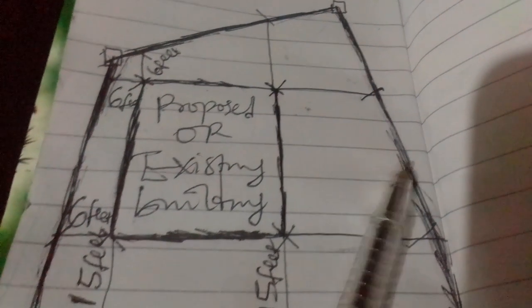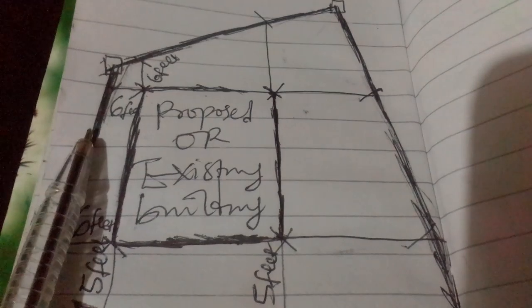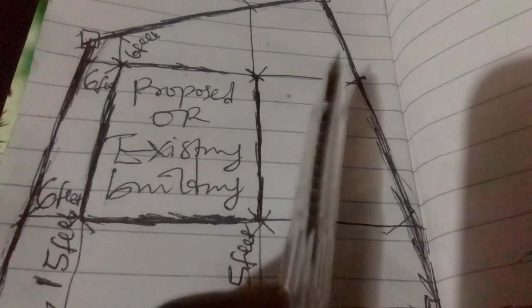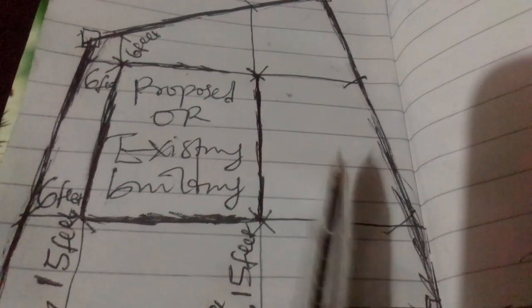You can see that this one is not parallel to this other side. That does not matter, as long as I am able to get my building line. Now from my building line to this point, it should not be less than 6 feet. Here should not be less than 6 feet as well.